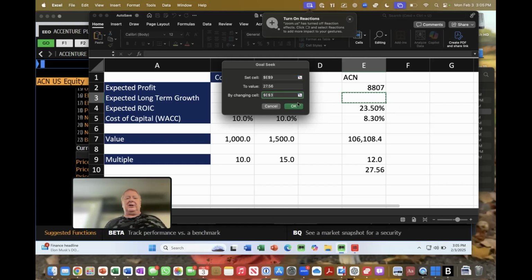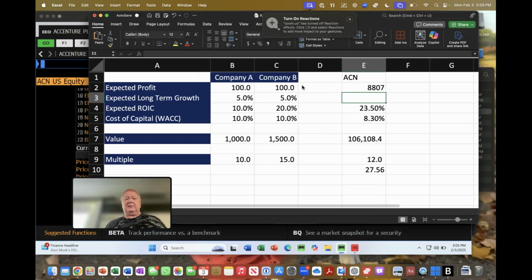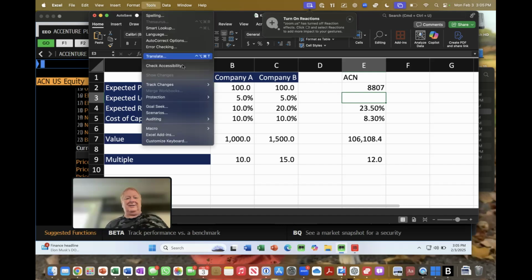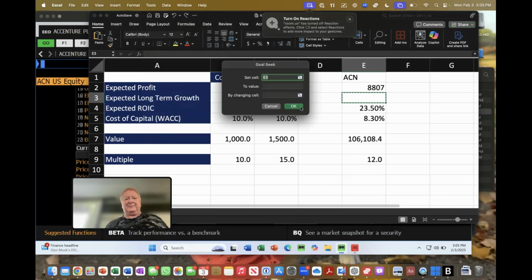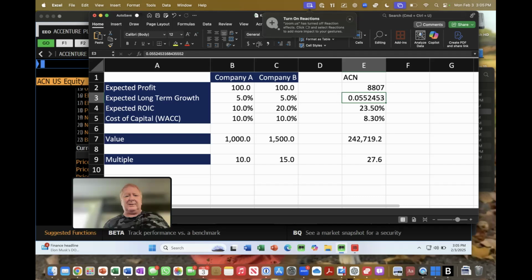Right now, the G the market's using for Accenture today, where'd it go? Tools, goal seek, set the PE, was that 27.56? Changing the growth, and the answer is 5.5%.